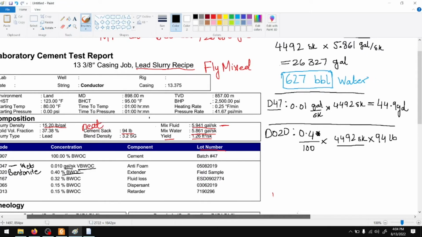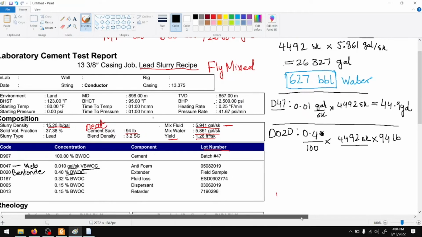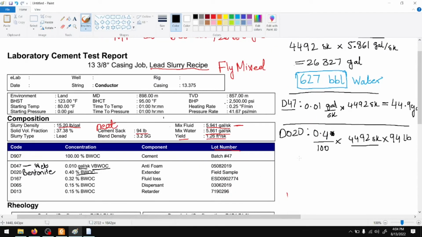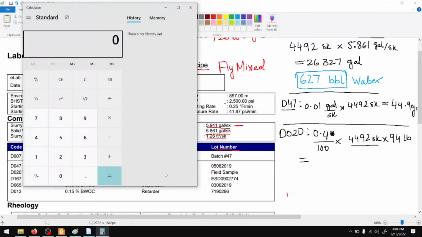So let's calculate that. Let's just write that here. 0.4 divided by 100, multiply that by 4492 multiplied by 94.